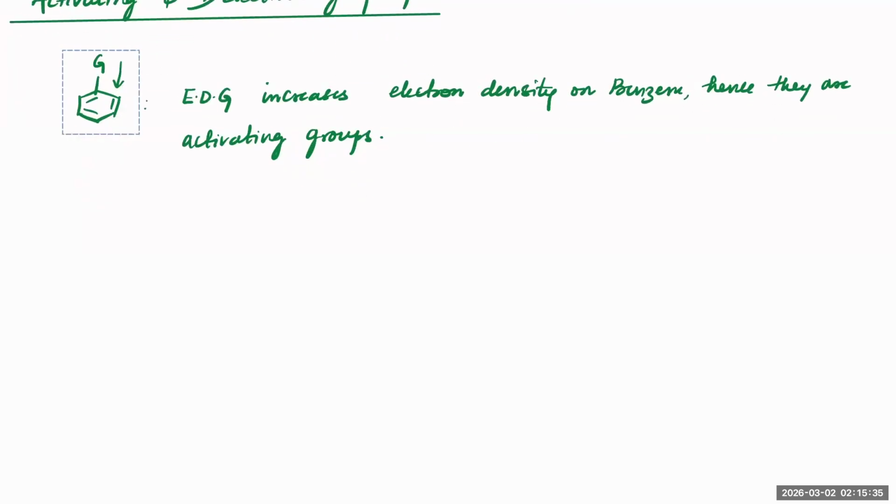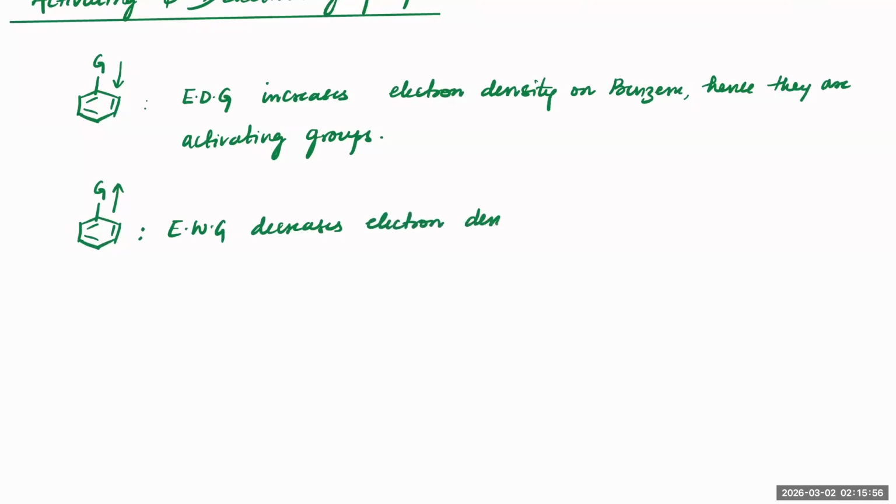Now, if there is a group which is an electron withdrawing group, which means it is trying to pull the electrons away from benzene, an electron withdrawing group decreases electron density on benzene.